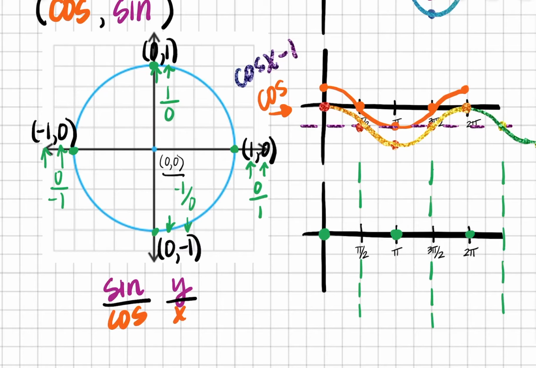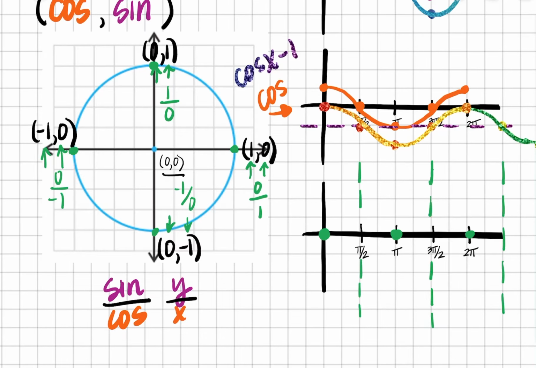So now we just have to decide, well, what actually happens in between here? So I like to just take this one point right here, 45 degrees or pi over 4. And I love this point. It's really easy because it's radical 2 over 2 as the cosine and radical 2 over 2 as the sine.